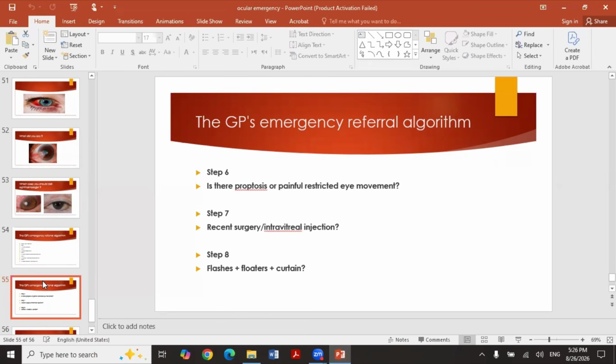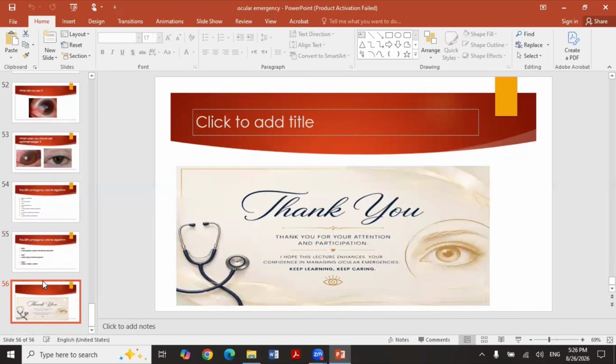But if I saw flashes of light for hours and they don't disappear, this is an emergency. Or if he sees floaters with a curtain-like appearance in front of the eye, this is an emergency. Floaters alone, not an emergency. Floaters with continuous flashes, this is an emergency. Floaters with a curtain-like appearance, this is an emergency. So this is very important.